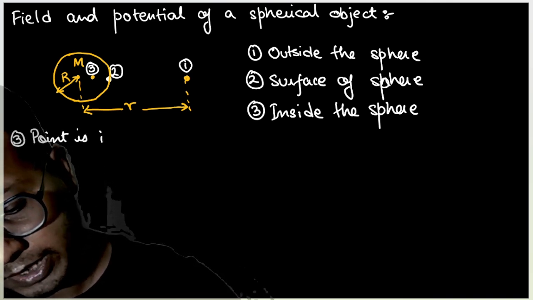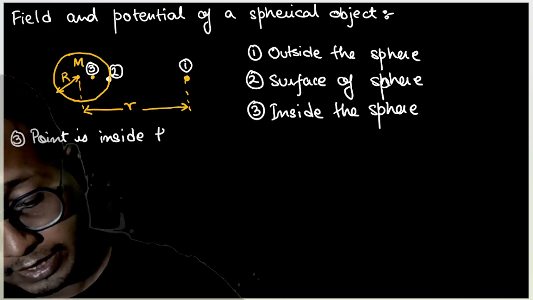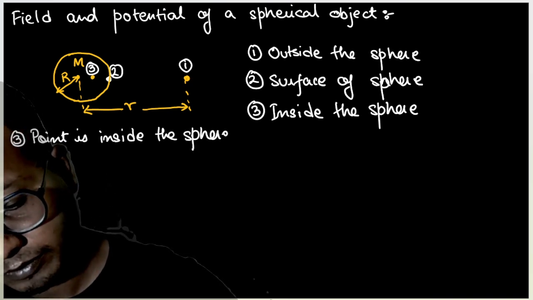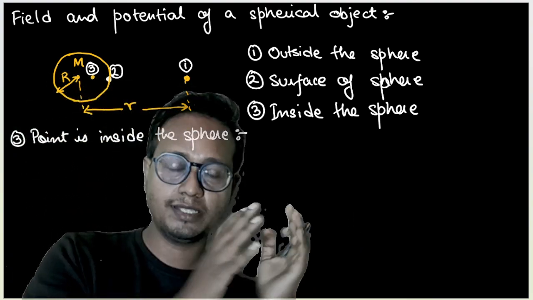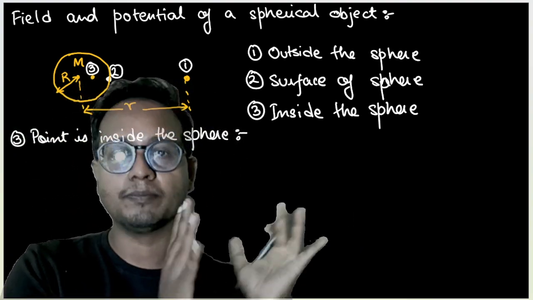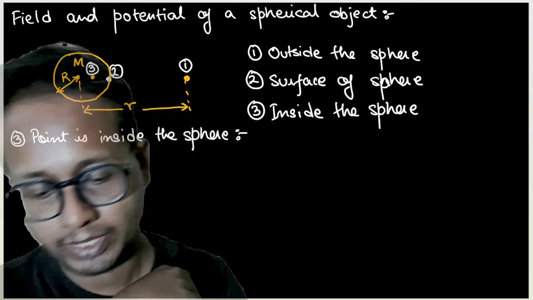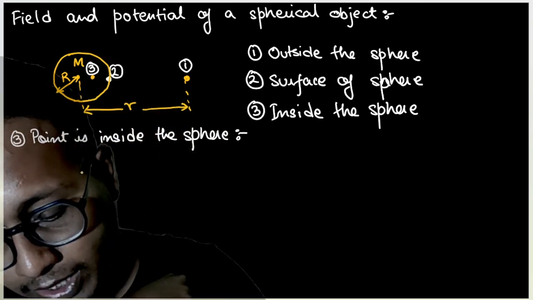Now you might have a different concept out here. Obviously the formula is the same, I'll just show you how. In your theory, you might have learned a different formula.